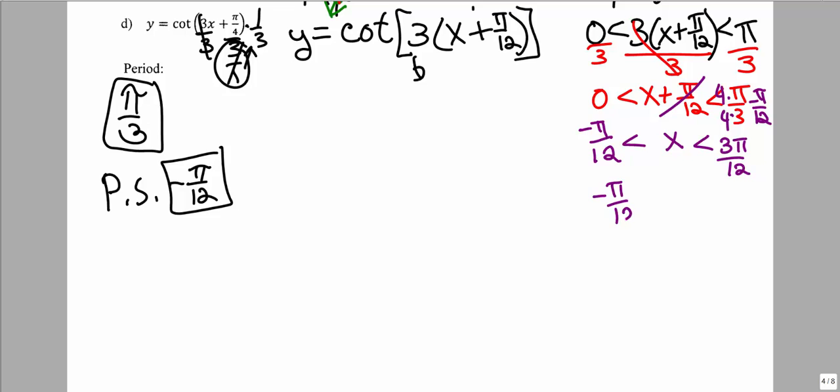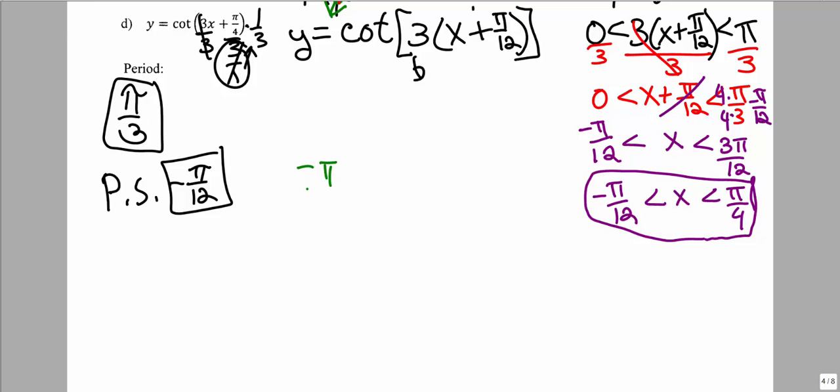So, reducing my fraction, pi over 4. So here are the starting and ending points of our one interval period of cotangent. Minus pi over 12 and positive pi over 4. These will be the asymptotes of our graph.